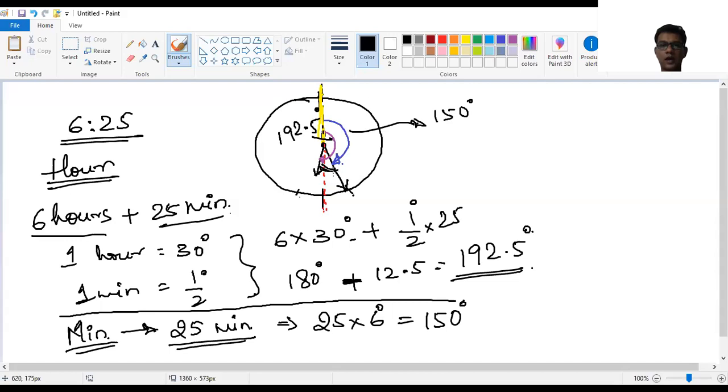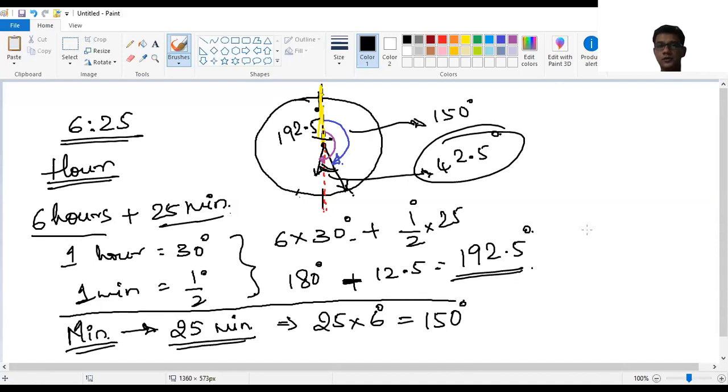Now what would be the angle between the two of them? The difference between 192.5 and 150 is 42.5 degrees. Did you all understand this? Yes, guys? Great.